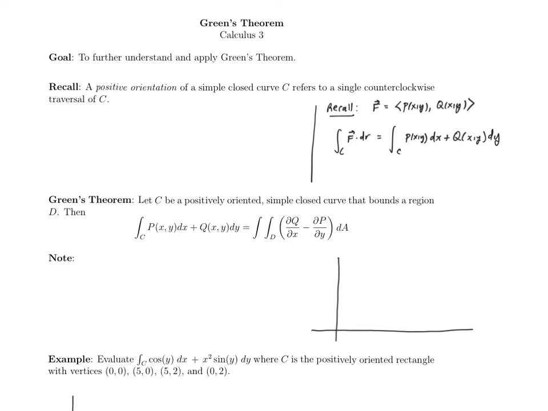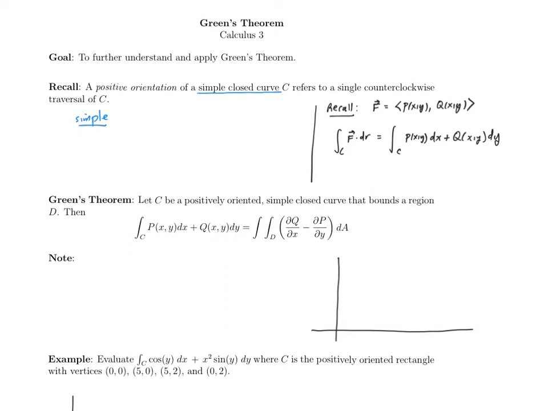The statement of Green's theorem requires a simple closed curve that has a positive orientation. So the first thing that I believe is new here is this idea of what it means to have a simple closed curve. The closed part is simple. It starts and finishes at the same point. The simple part means that the curve does not intersect itself.